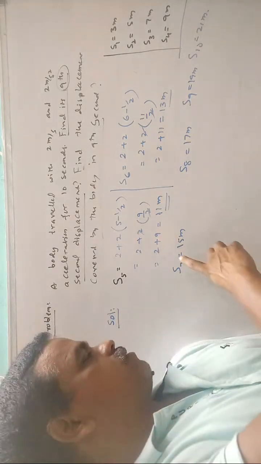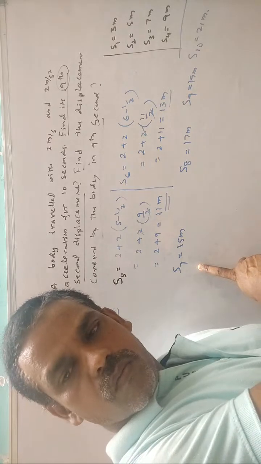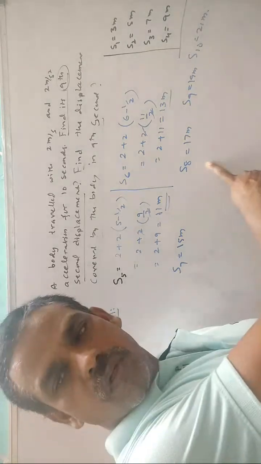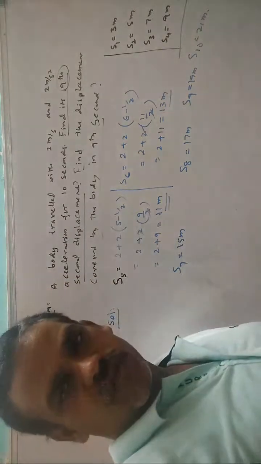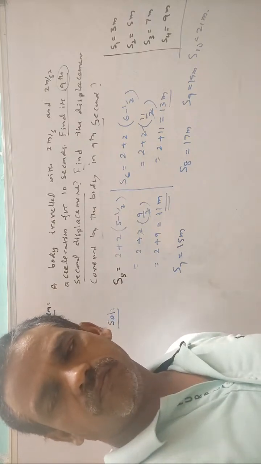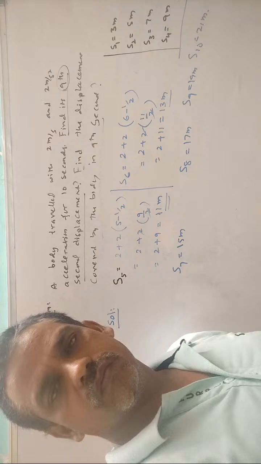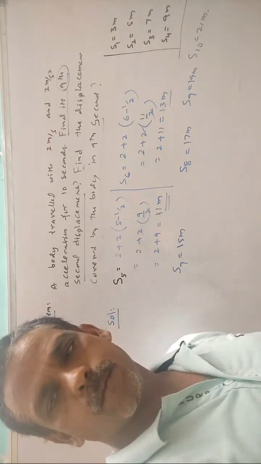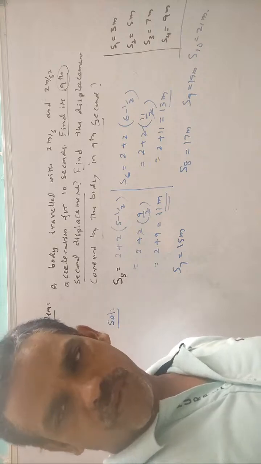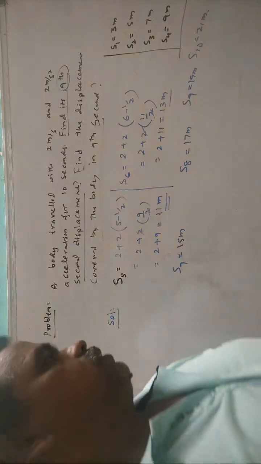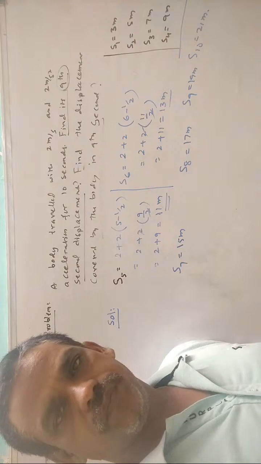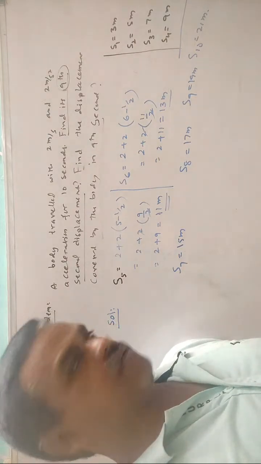So displacement covered in 7th second, displacement covered in 8th second, displacement covered in 9th second, displacement covered by that body in 10th second. Do it fast and message me. 7 over, 8. Do fast. 8, yes, 8.